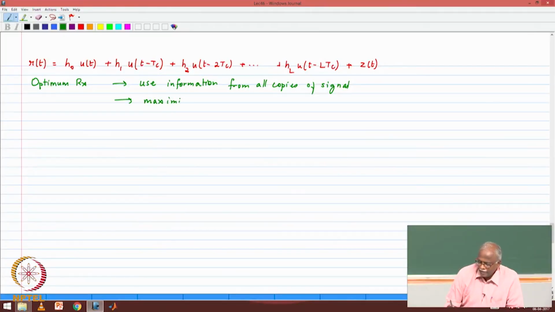And why do we have to add the second condition? Because if one of these taps is very small, no point in giving a lot of weightage to that. So you must make sure that ultimately combining the information gives you maximum SNR.